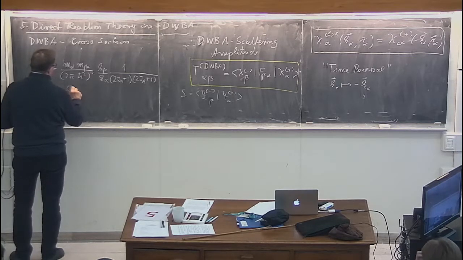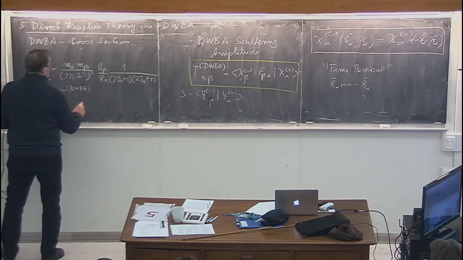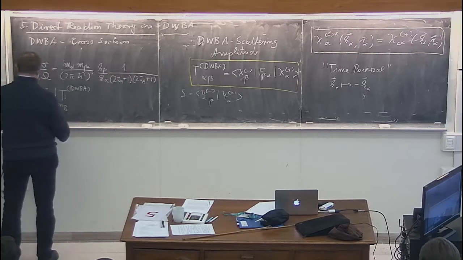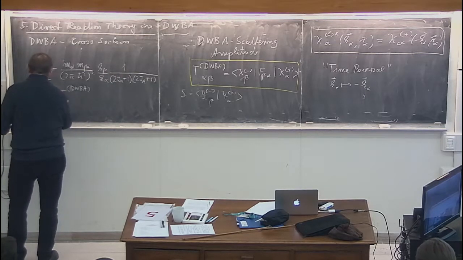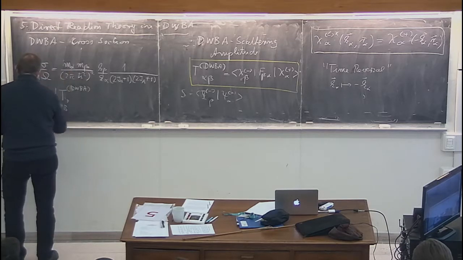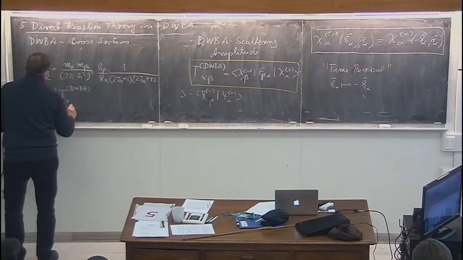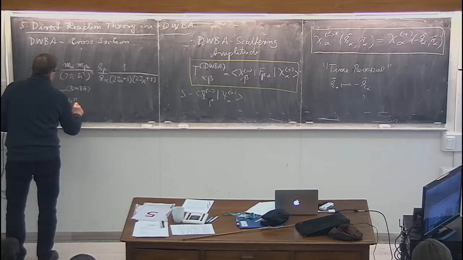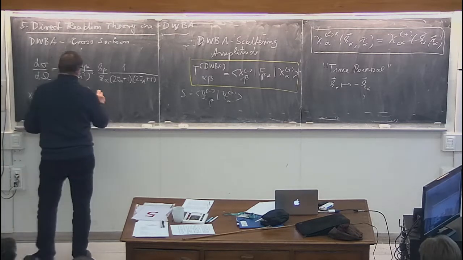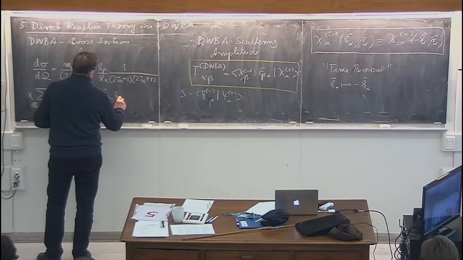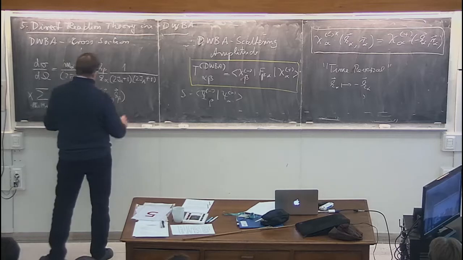For the moment, I'm again adding this index DWBA in order to remind us of this type of amplitude, what I'm talking about. Take here a capital M, MA, MB. So then it's MA going to MB. And the whole thing depends obviously on K alpha and K beta, the channel momenta and their directions.